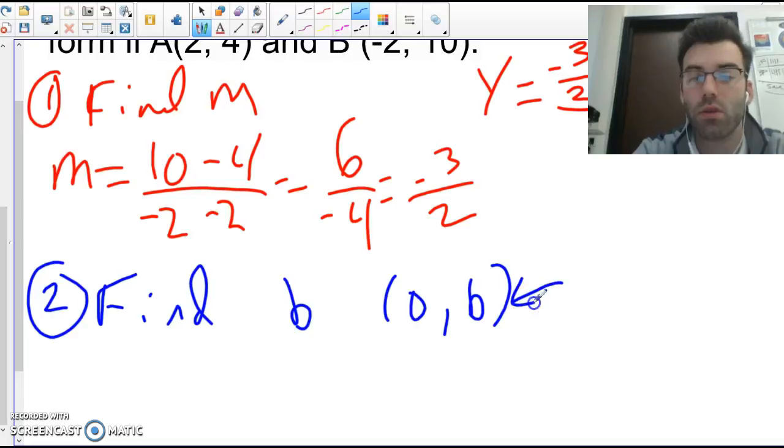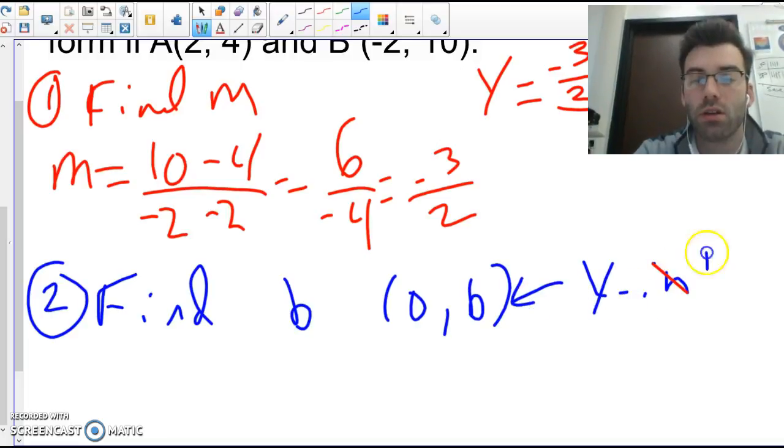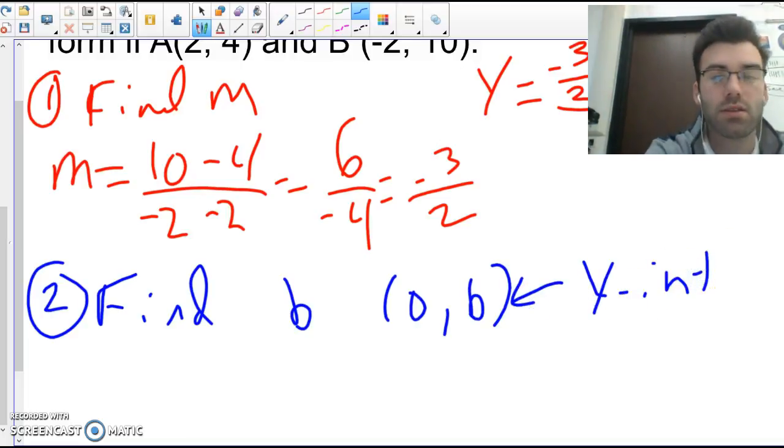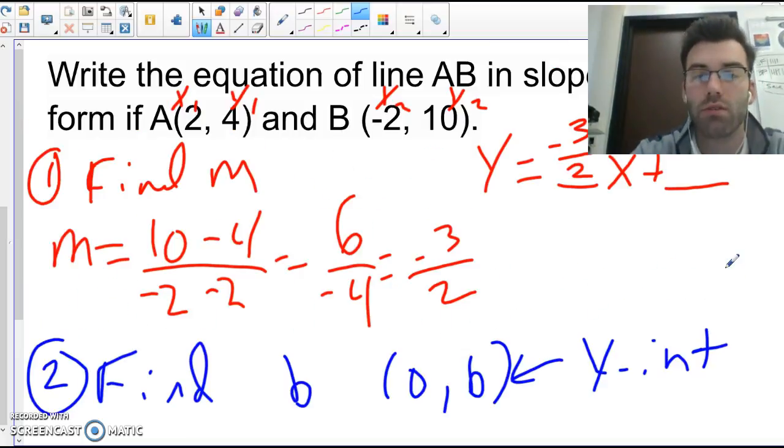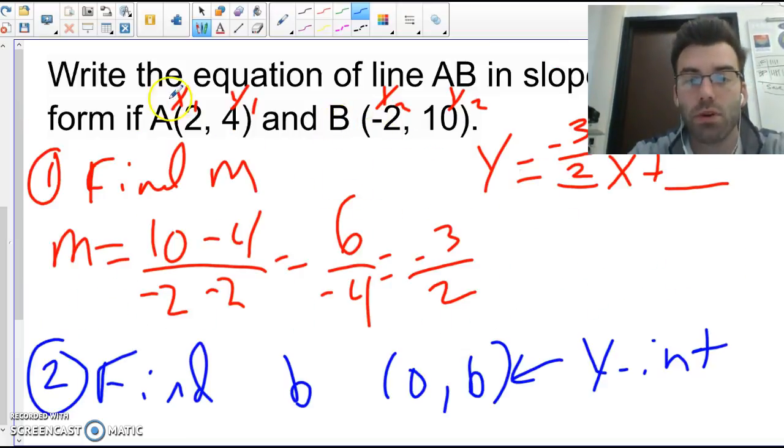If I look at these 2 points, neither of them has an x value of 0, so I cannot assume that either of those is my actual y-intercept. So what am I going to do? I'm going to use one of these 2 points. I'm going to use 2, 4 and my slope here to help me find out what my b actually is.